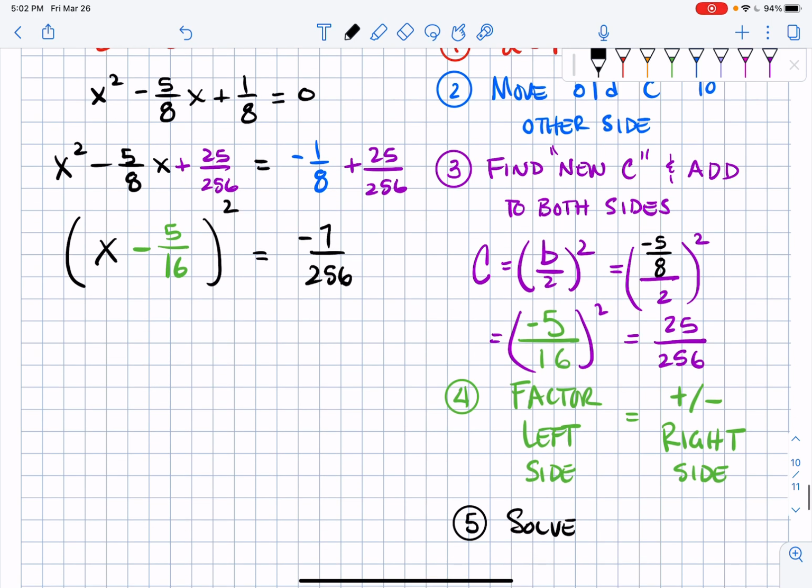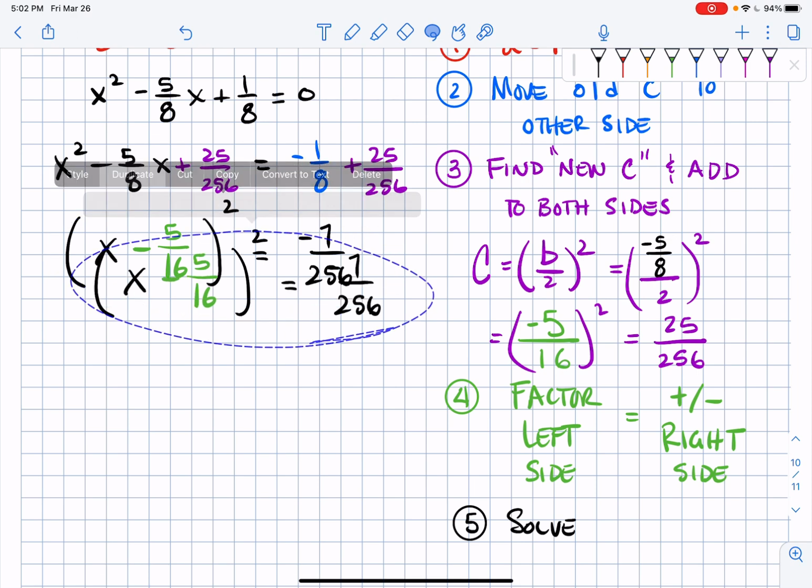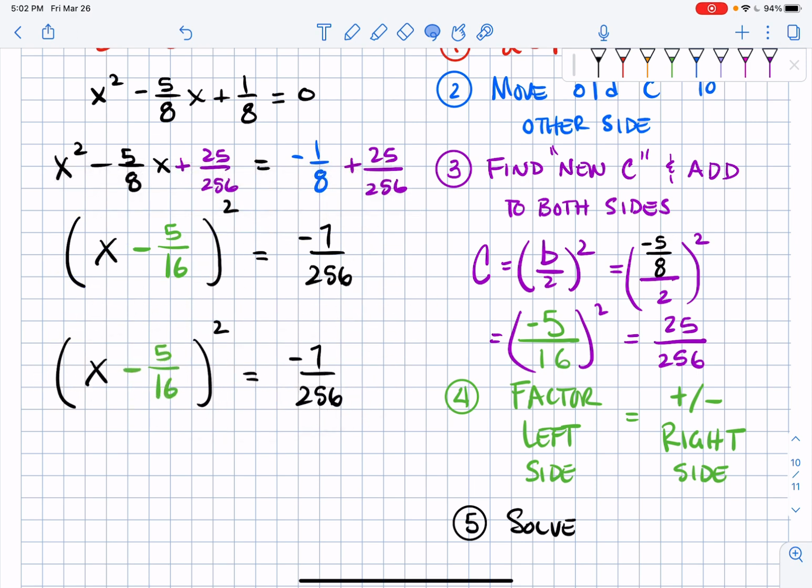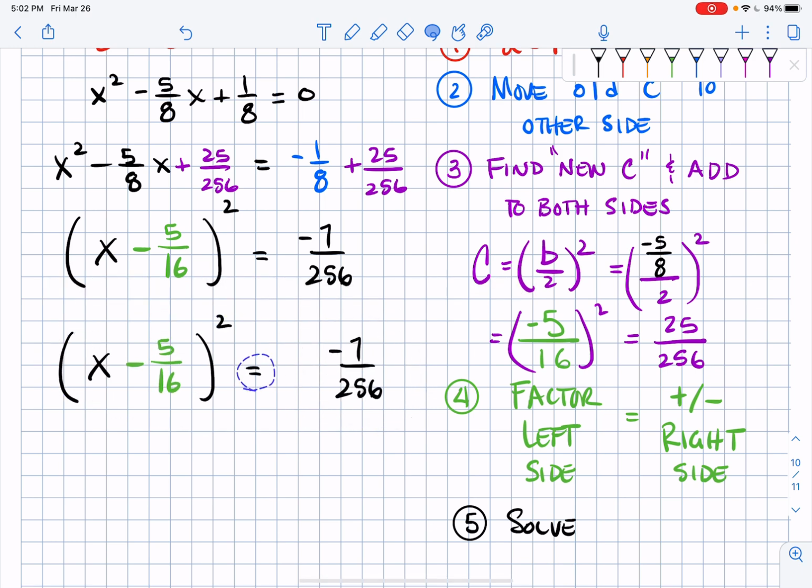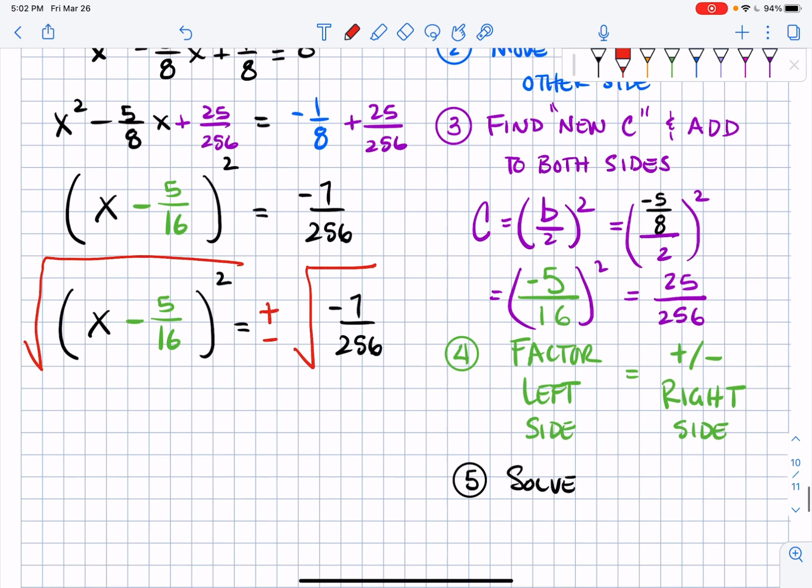Okay, so again, got this. Last step is to solve, right? Okay, let's do that. So this is where the square root method comes in too, right? So got to take the square root of both sides. But when I take the square root, I have to have the plus and minus.